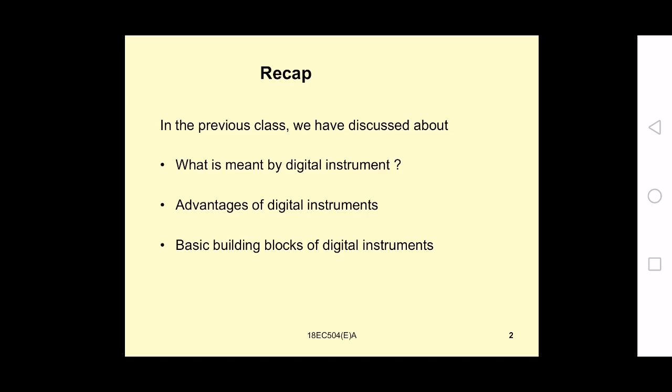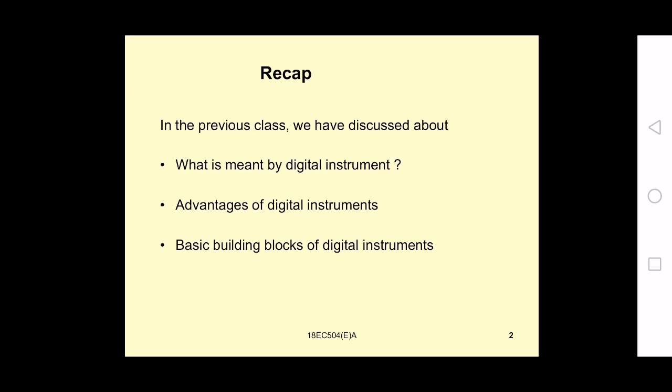One type of digital instrument is the digital voltmeter. So we are discussing today the digital voltmeter and the types of digital voltmeters. In that, the ramp type digital voltmeter we are going to discuss today.